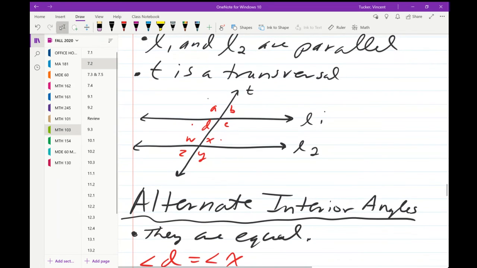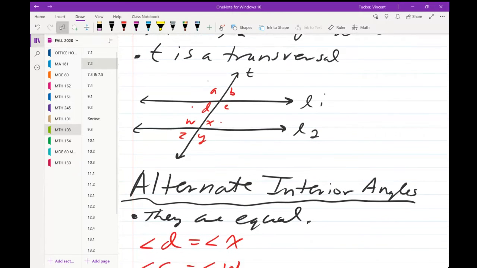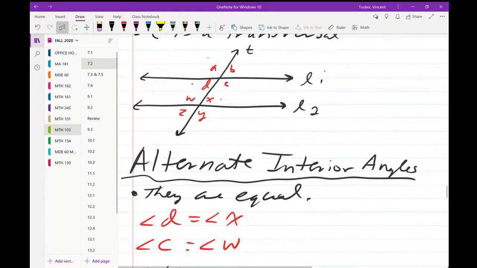All right. So alternate interior angles, first thing we want to know is that they are equal. And these would be what they are, alternate interior. When you say alternate, you're talking about opposite sides or alternating sides of your transversal. And interior, you're talking about the inside. So you're looking at D and X will be alternate interior angles, and then W and C, alternate interior angles.